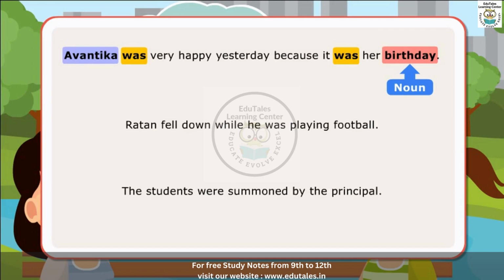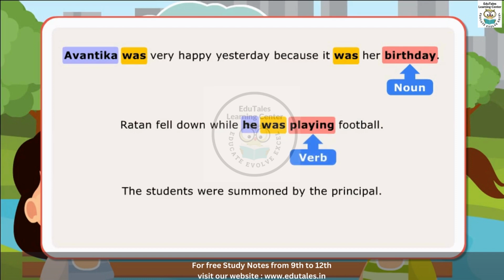In the next sentence, was has been used after singular subject and with ing verb to form past continuous tense. In the third sentence, were has been used after plural subject and with past participle to show passive voice.